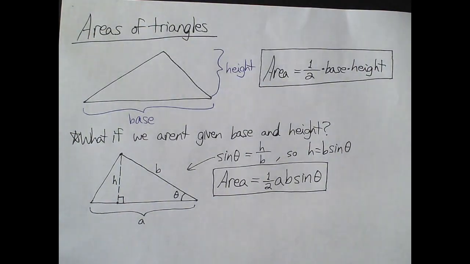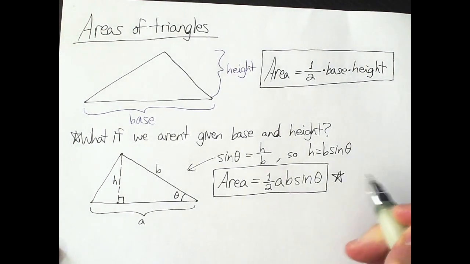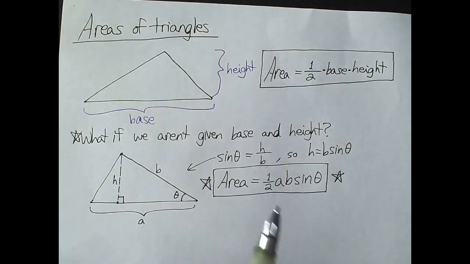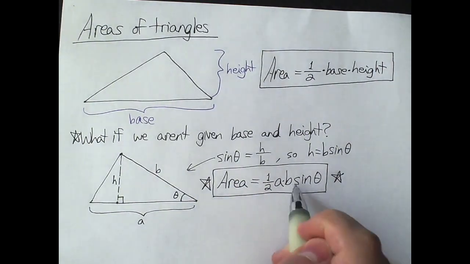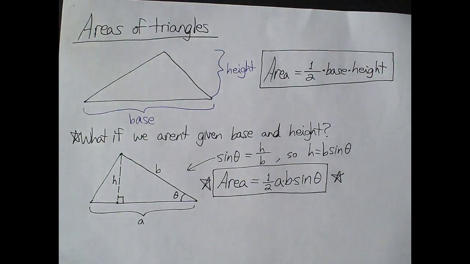The thing that's nice about this area formula, I'm going to put a star next to it, the thing that's nice about this version of the formula, 1/2 A times B times sine theta, is that it doesn't assume that we know the height. All right, it's based more on side lengths and angles.